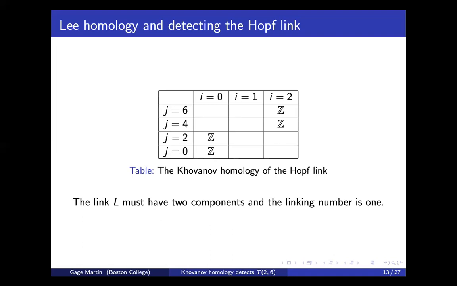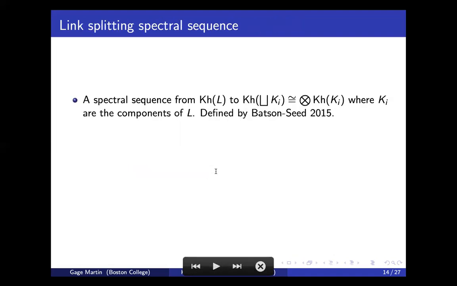So now what we want to do is show that each of those 2 components of our link is actually an unknot. And so to show that, we would want to use the link splitting spectral sequence defined by Batson and Seed. So this is a spectral sequence from the Khovanov homology of a link to the Khovanov homology of the disjoint union of its components, which is also the tensor product of the Khovanov homologies of its components.